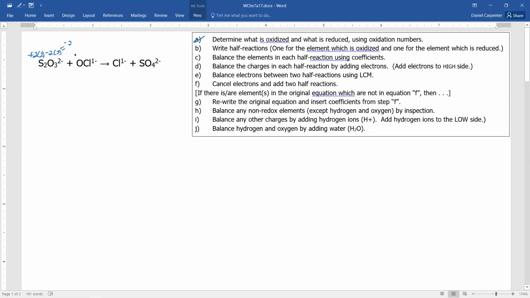Oxygen is almost always -2. Now, chlorine is in group 7A, so we would normally say it's -1, but -1 would not add up to the charge of this ion. That's why it's almost always, but not always. In this case, the oxygen rule is stronger, so the chlorine is +1.